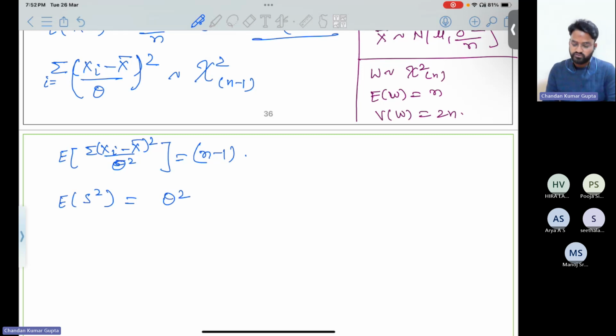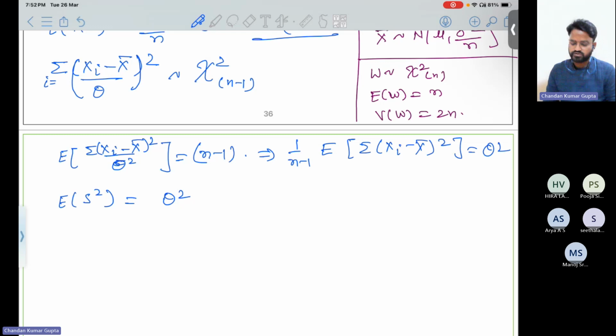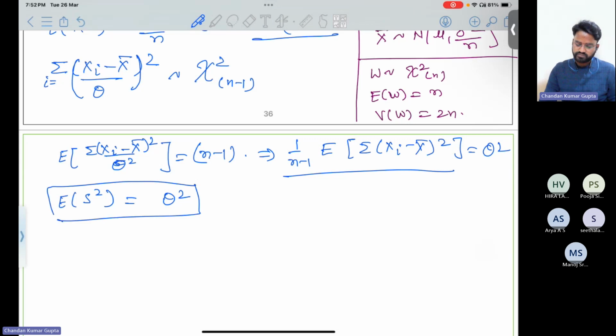From here it is 1 by n minus 1 times the expectation of summation of xi minus x bar whole square upon theta square. And this is our S. So it comes out to be this.